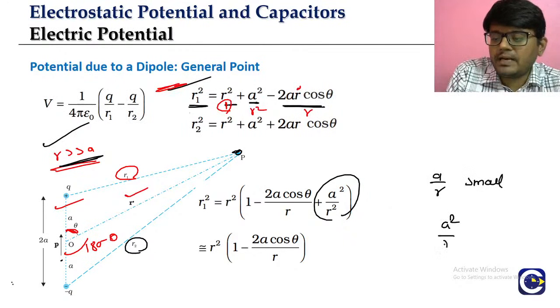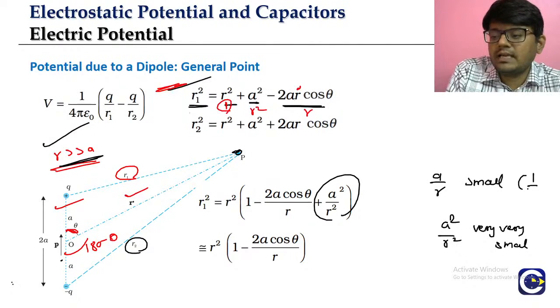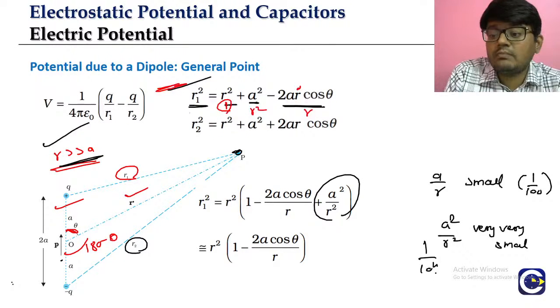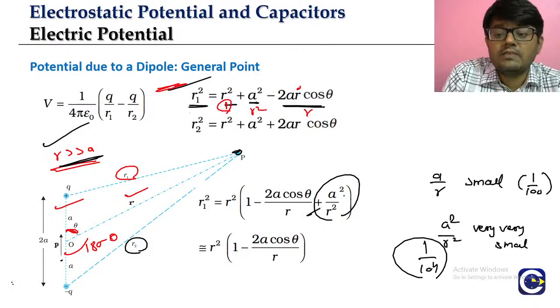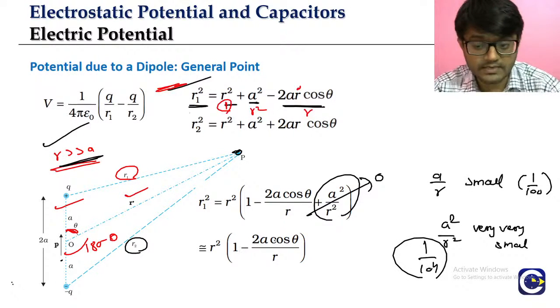When we square it, a square by r square will be very very small. For example, if a by r is like 1 by 100, then a square by r square will be 1 by 10 power 4. It will become very small. So we can just neglect this a square by r square.